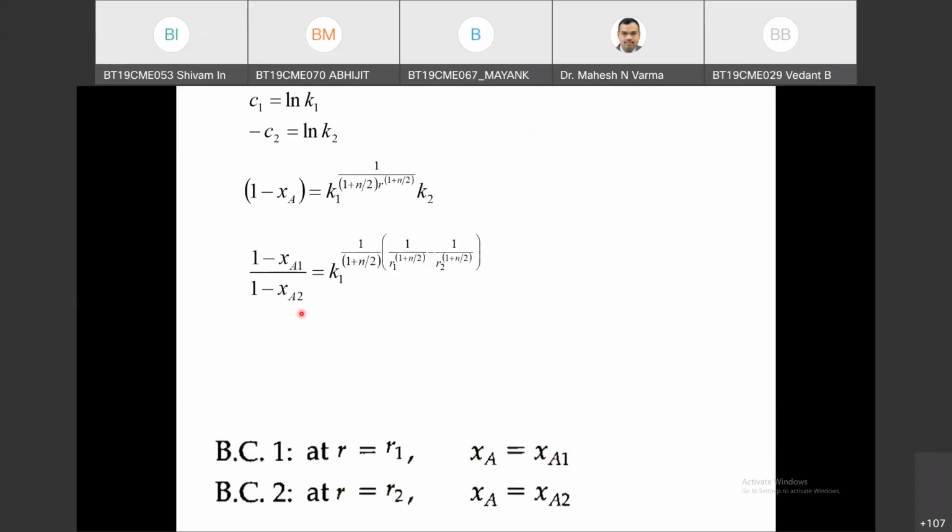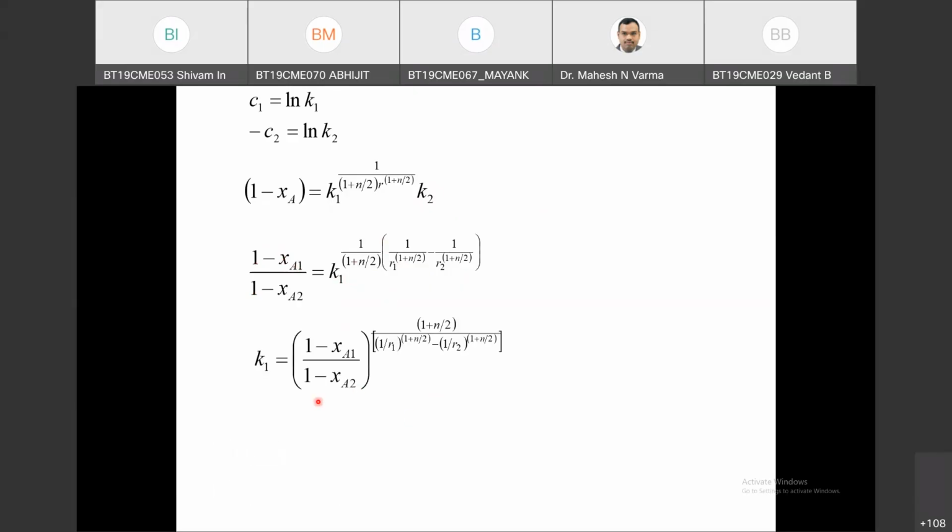Now dividing the equations, 1 minus XA1 divided by 1 minus XA2, K2 gets cancelled. This is what you will get. Using this, you can get the value of K1. This is the value of K1.